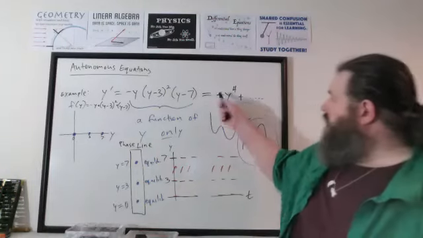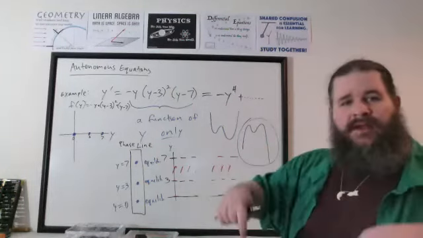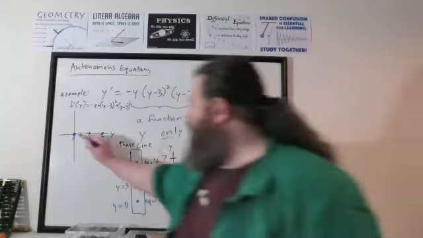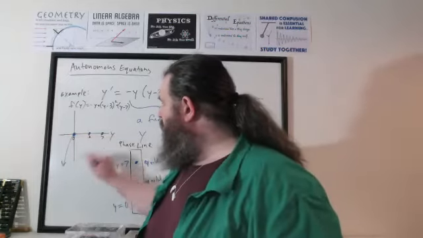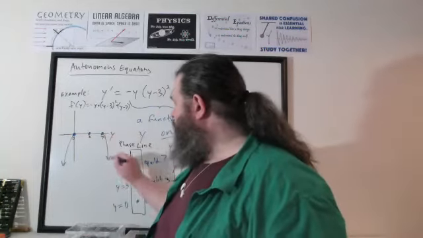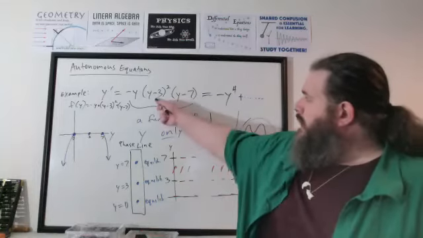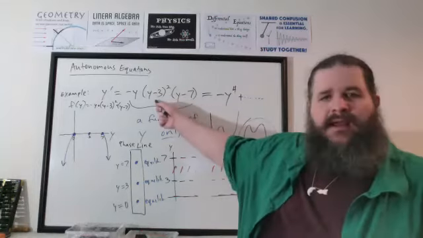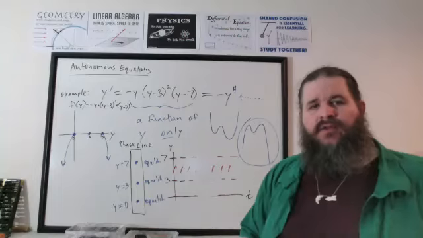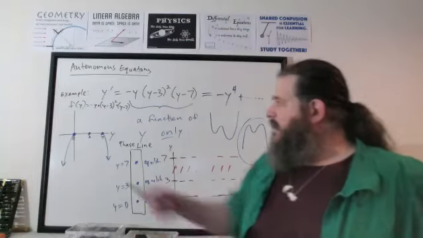And since we know this negative sign suggests a downwards opening shape, we know that from 0 to the left, it's going to be going downwards. From 7 to the right, it's going to be going downwards. In the in-between zone, the 3 here comes from the y minus 3, and that's being squared. So that suggests what should it look like near that point?